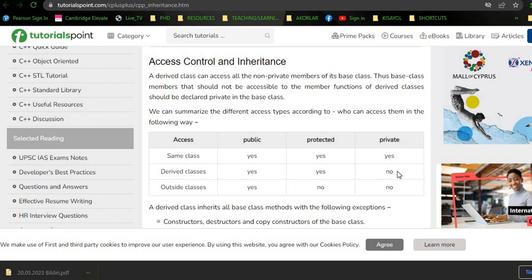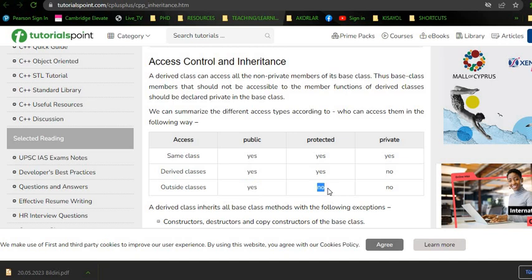By the way, you don't need to memorize it. You can just simply think about it, and you can decide if it is accessible or not. Outside classes means not derived. I mean, the classes' relationship is not base and derived. Outside classes, we can say unrelated classes. So we can access the public member of a class from outside of the class.